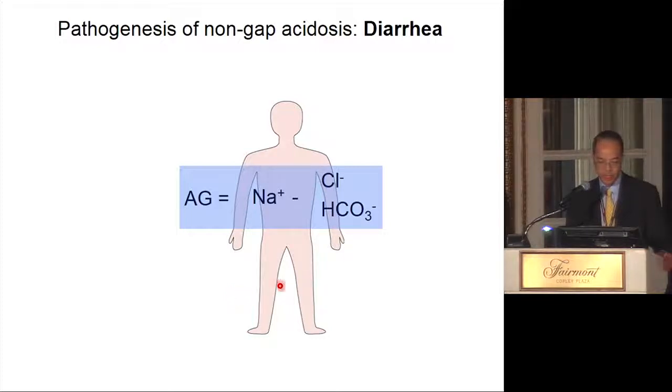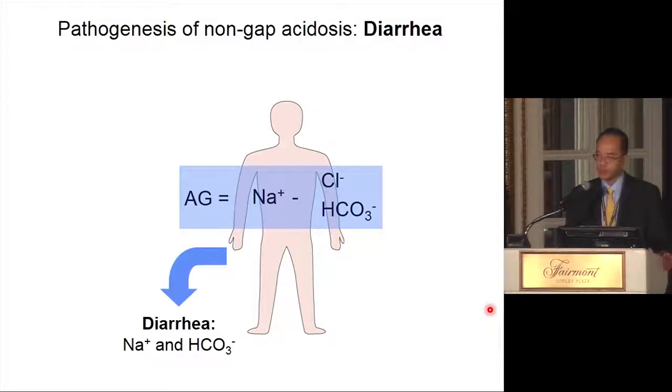Okay, so this is an attempt to explain why non-GAP acidosis occurs. And let's give an example. A patient has diarrhea. So for the purposes of simplification, let's assume diarrhea is just the generation of sodium and bicarbonate-rich fluids. So that would lower your sodium. Sorry, the arrows didn't show up here.